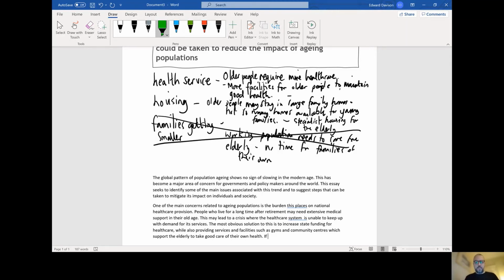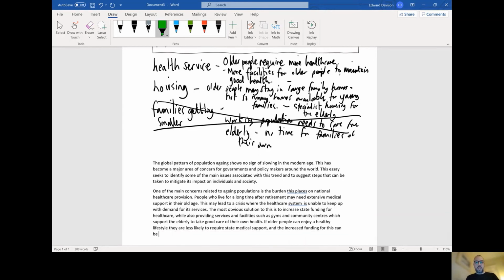So if older people can enjoy a healthy lifestyle, they are less likely to require state medical support, and the increased funding for this can be targeted to those most in need.